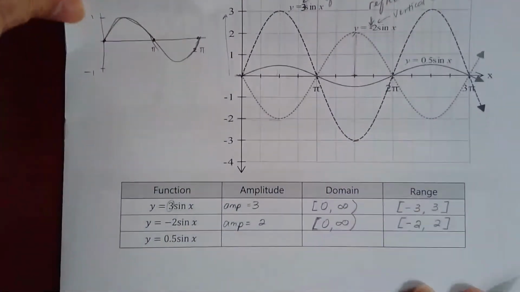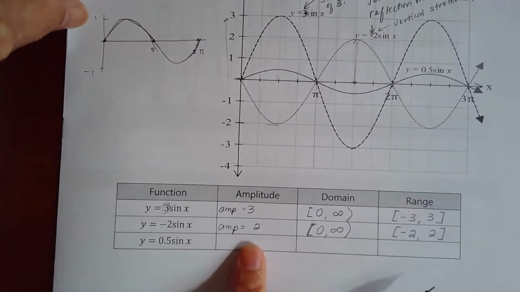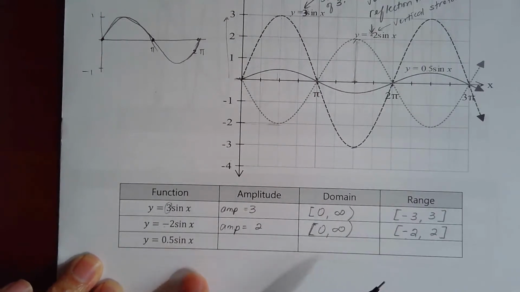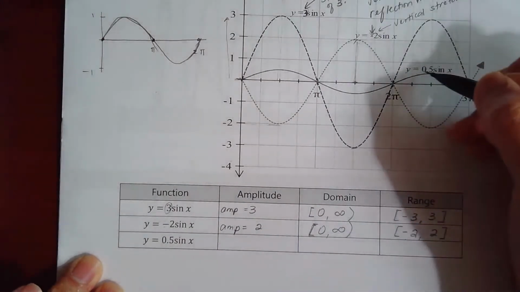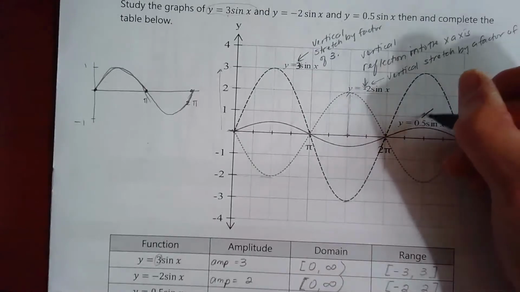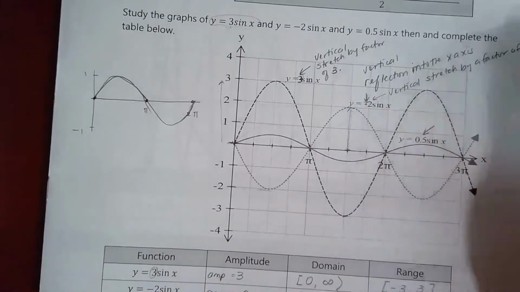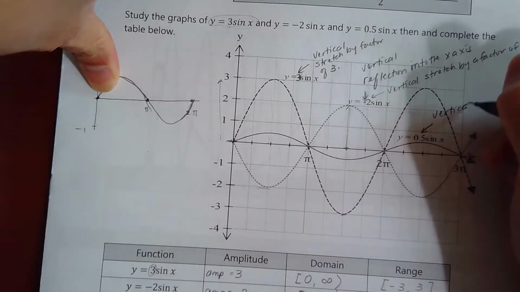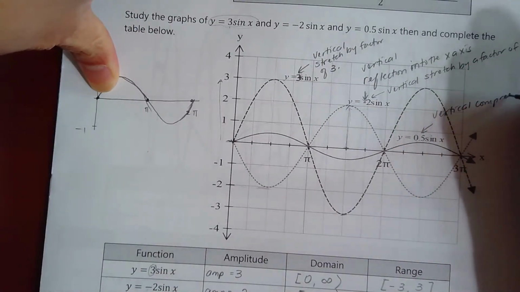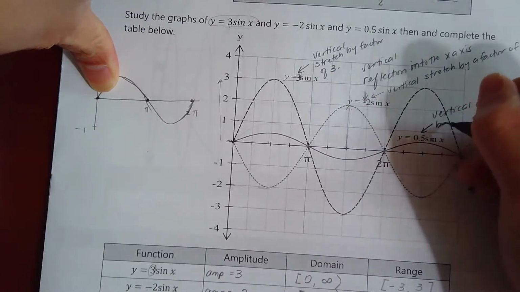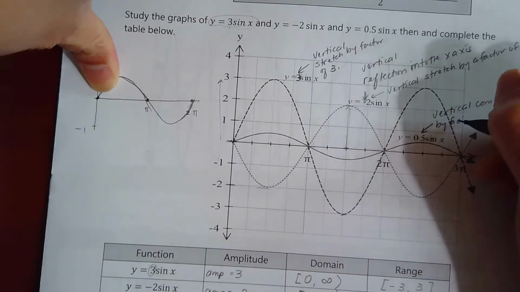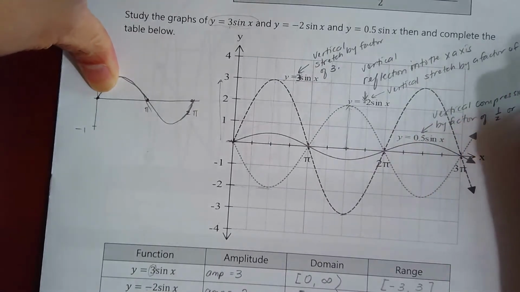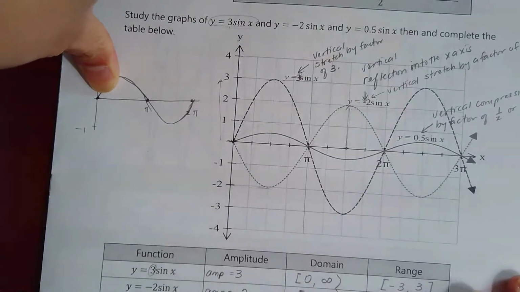Okay. So let's take a look at the last one. y equals 0.5 sine of x. So the a value is 0.5. That means this is going to be a vertical compression by a factor of 1/2 or 0.5 in this case, right? 0.5 and 1/2.